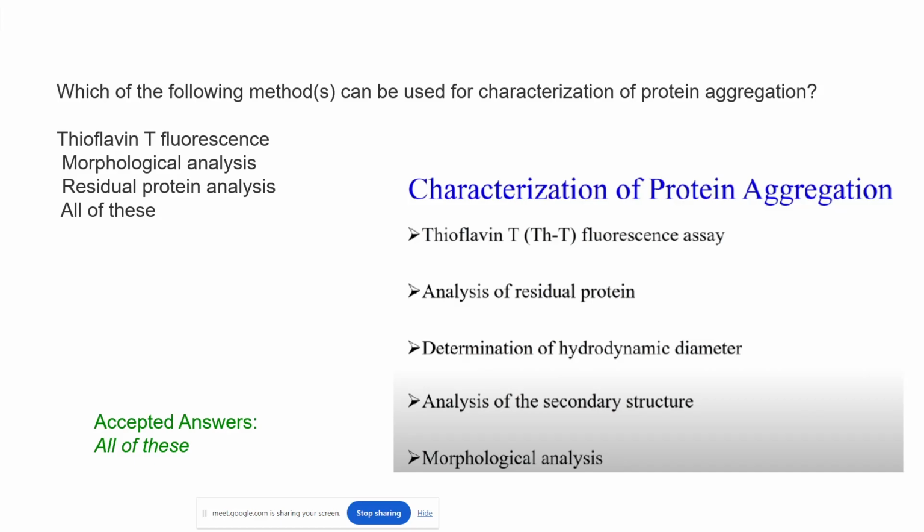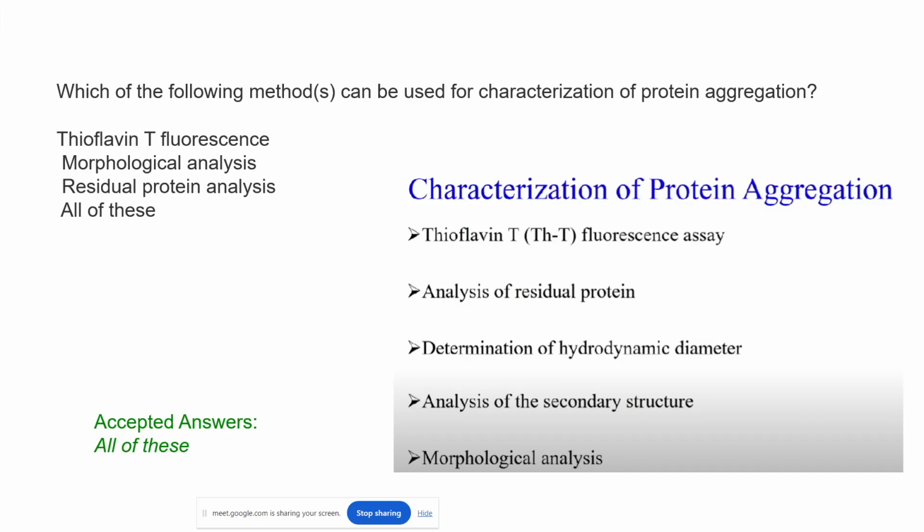The next question was: which of the following methods can be used for characterization of protein aggregation? The options were thioflavin T fluorescence, morphological analysis, residual protein analysis, and all of these. Again, the correct answer would be all of these. Thioflavin T basically detects the beta sheets.